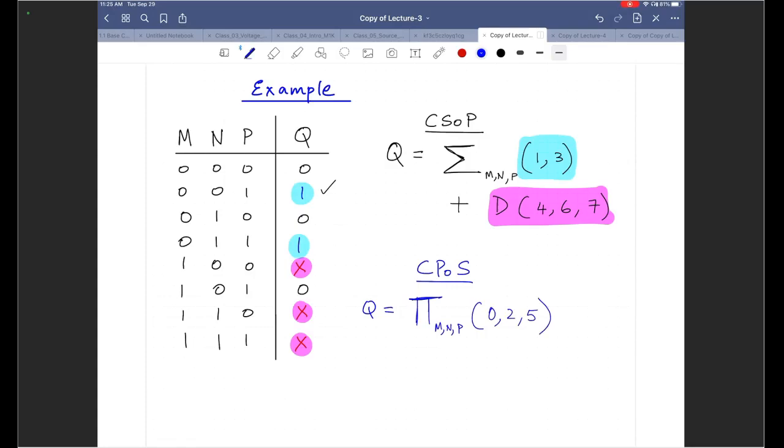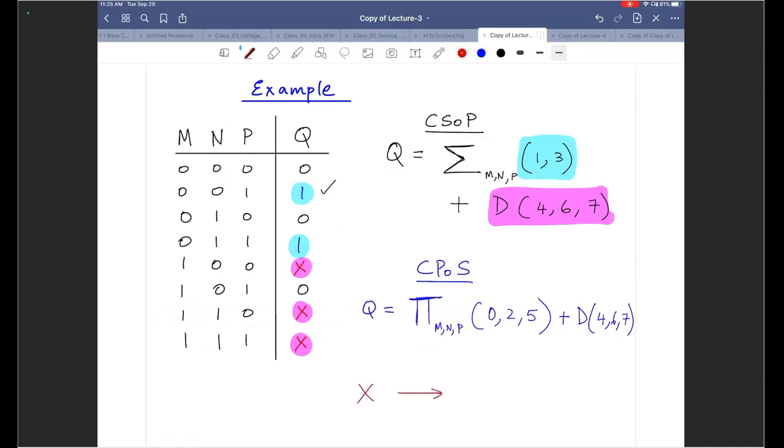There's also don't cares. I need to include don't cares at both places. Why do I need to include don't cares at both places? Because you don't care. It could be a 1, it could be a 0. So I have to include it both in CSOP form as well as in CPOS form. So literally, what does don't care mean?